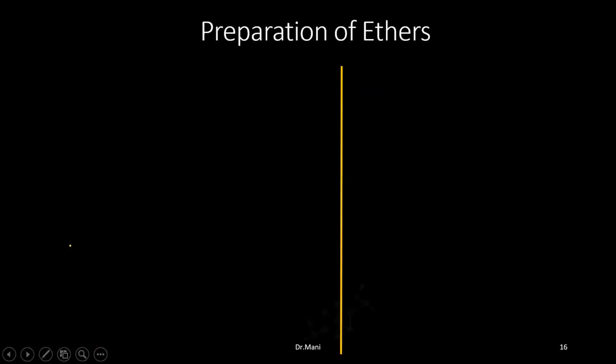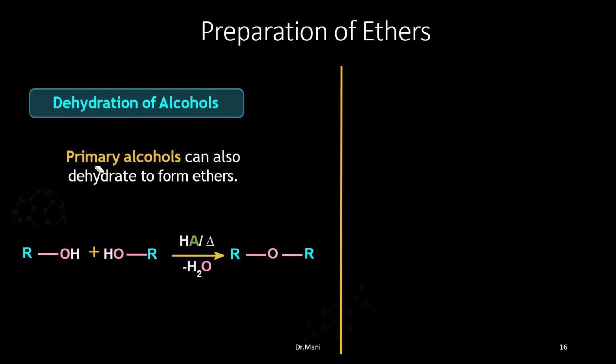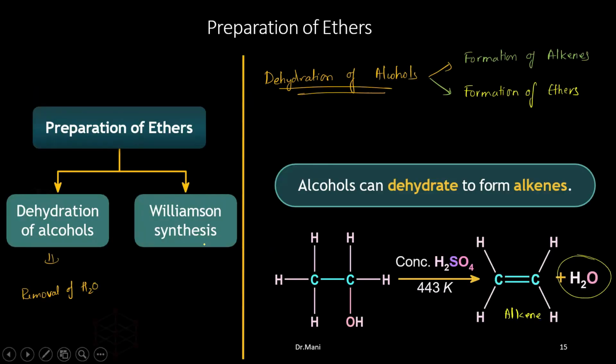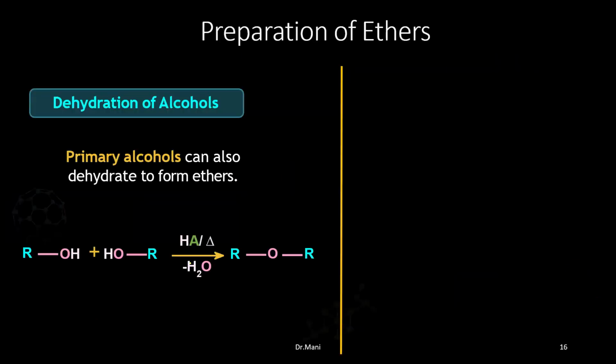The same way, you are using the primary alcohol and getting the ether here. Remember, in this condition, when you are using 443 Kelvin, or say 170 degrees Celsius, you are getting the alkene. The same way, if you are doing it at 140 degrees Celsius, or 413 Kelvin, then you will be getting the ether.